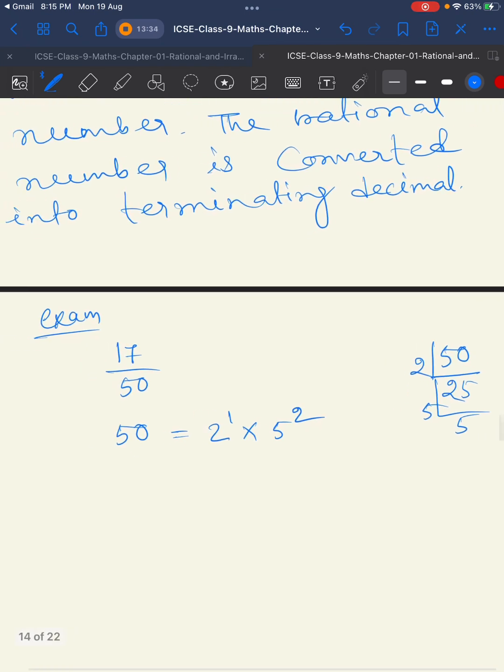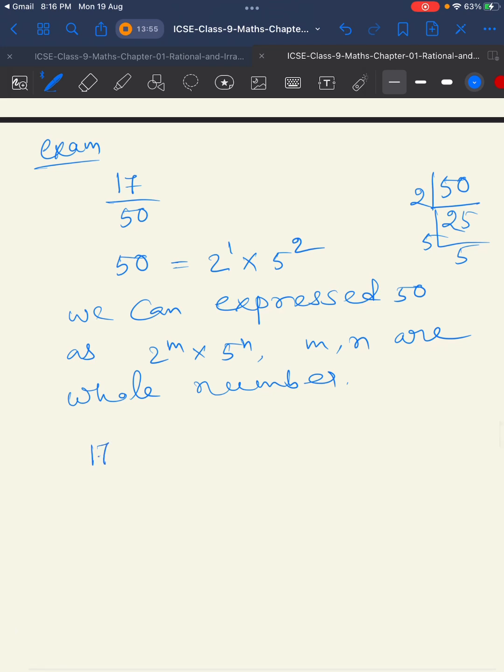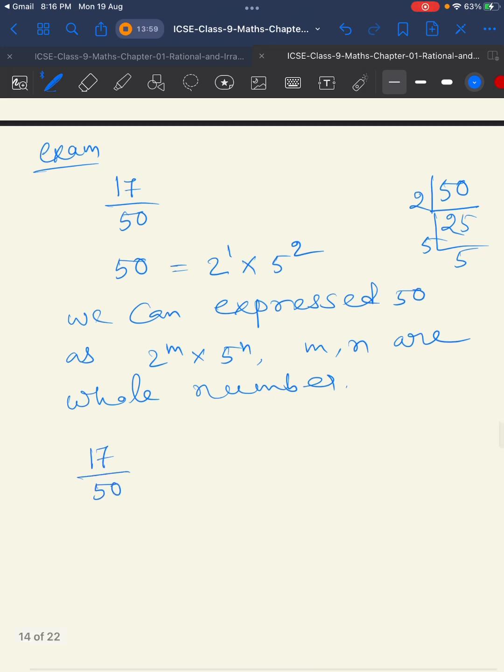So we can express 50 as 2 to the power m into 5 to the power n, where m and n are whole numbers. So this 17 by 50 is a terminating decimal.